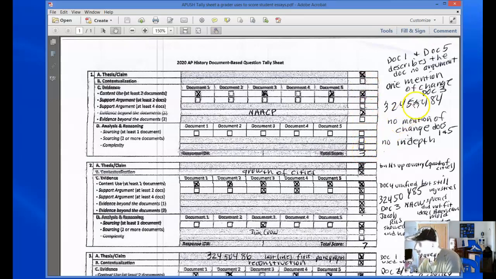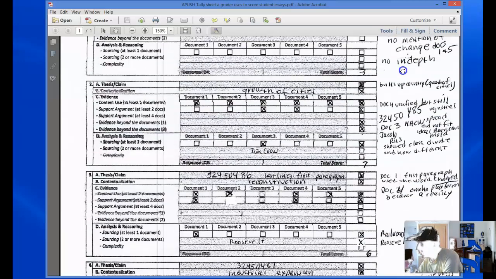All they had to do was mention something else of how Doc 1 or Doc 5 pertained to their thesis, how it related to their thesis, how it supported their thesis, and they would have gotten another point. And they would have at least gotten 4 points. Okay, so that would have been 4 out of 10 on their rubric, so that would equal to a 2 out of 5 on their exam.